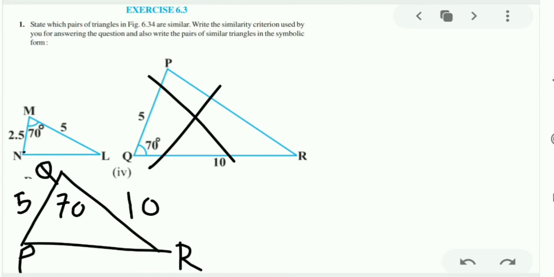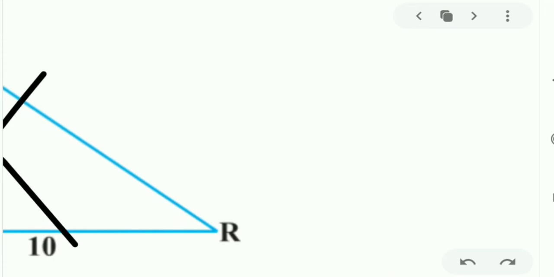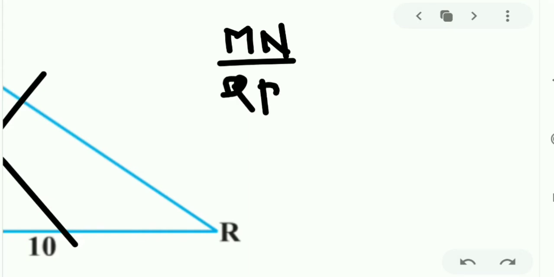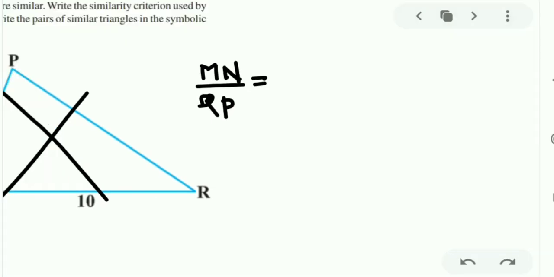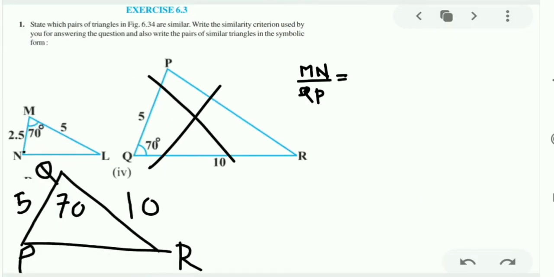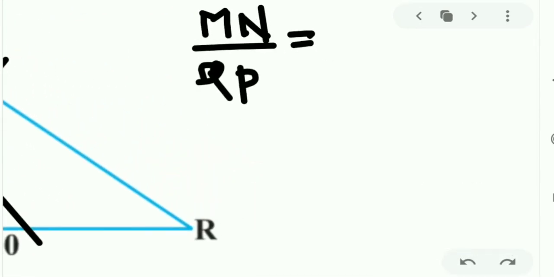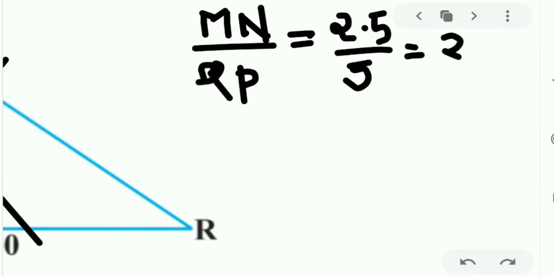If we are comparing MN upon QP, the value of MN is 2.5 and QP is 5, so we will write 2.5 by 5, so it will become 25 by 50, and if we reduce it, it will become 1 upon 2.